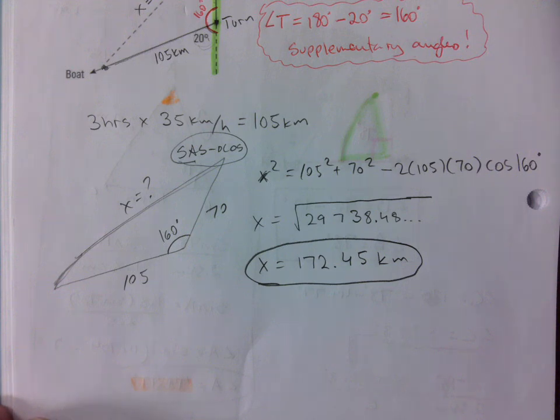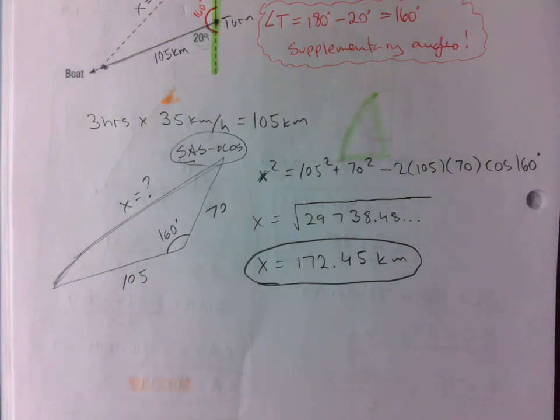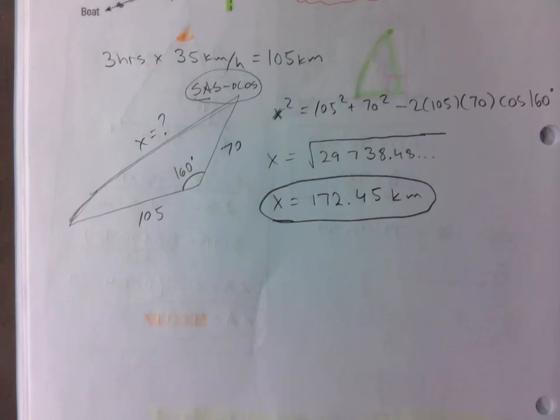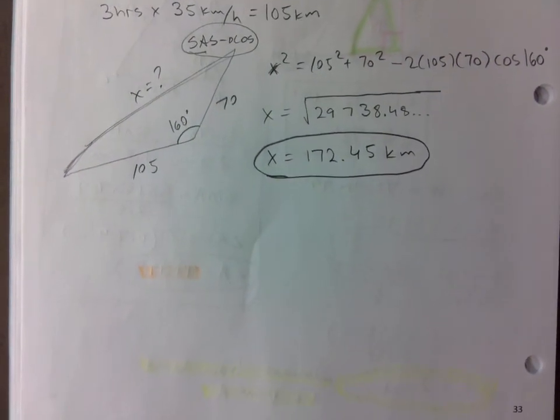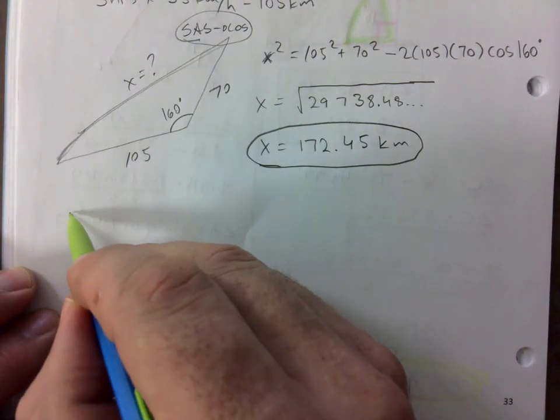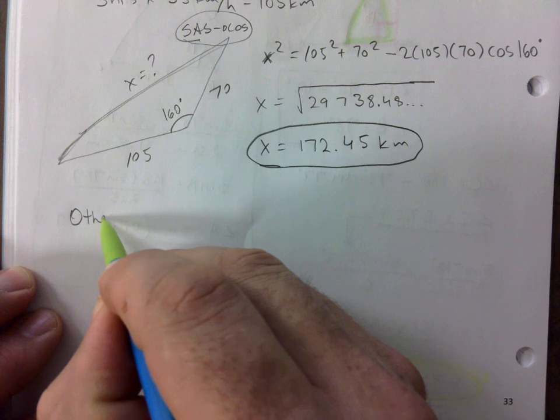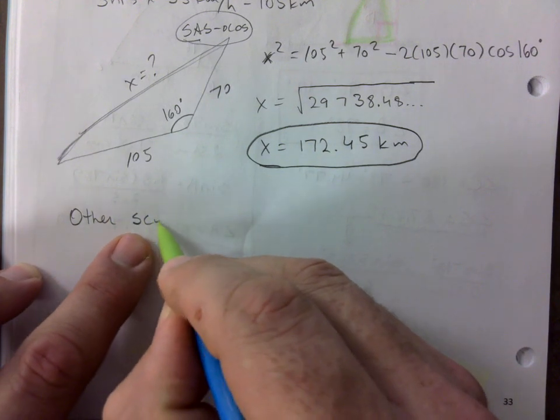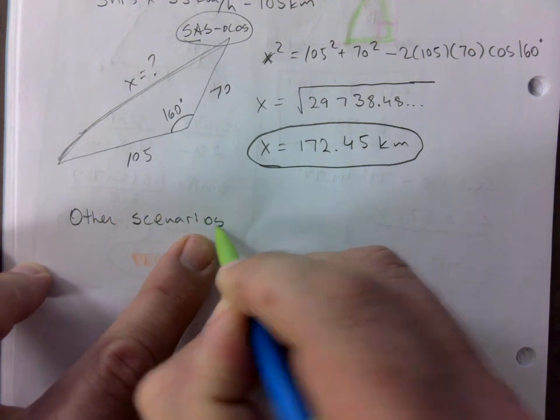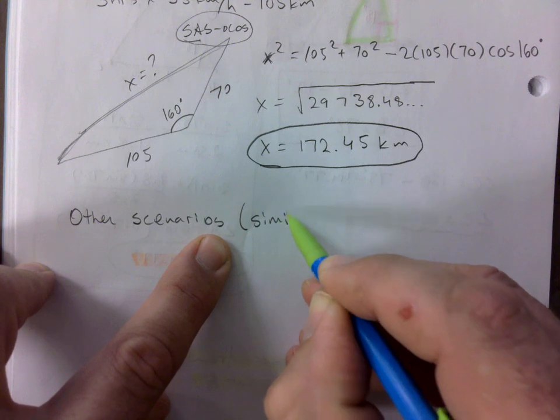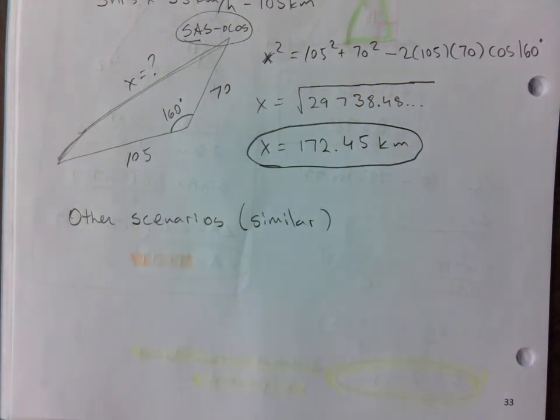I'm going to give you a little note down here, and then we're done, I promise. How's this going to help you? Write down other scenarios, but they're similar to this one. This one is the more popular one, actually. Supplementary angles is the most popular one.